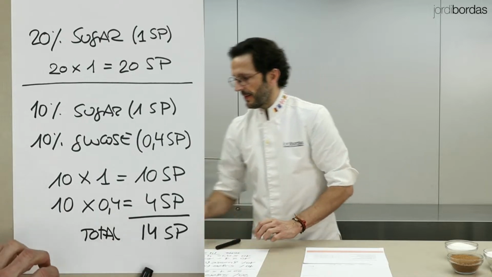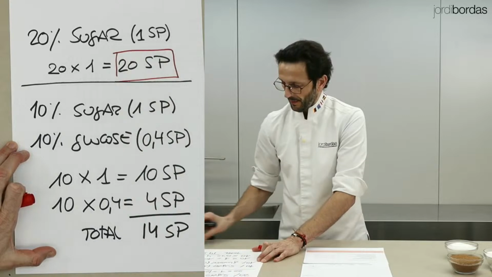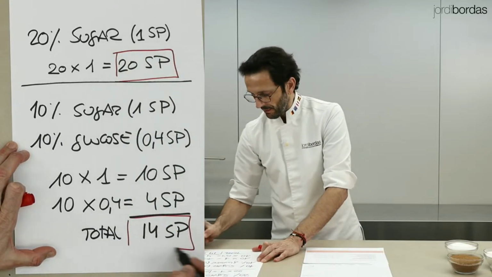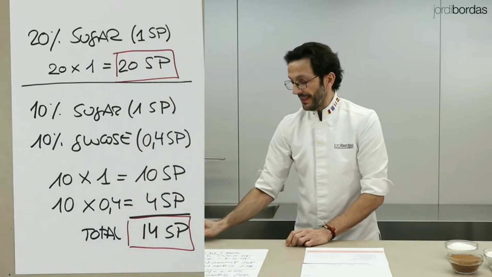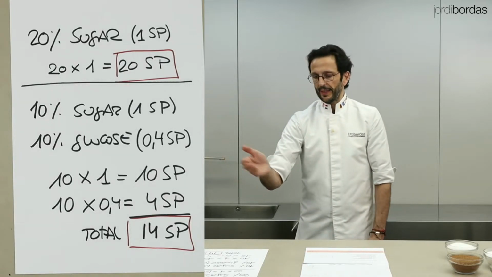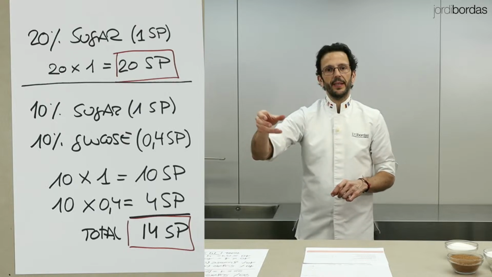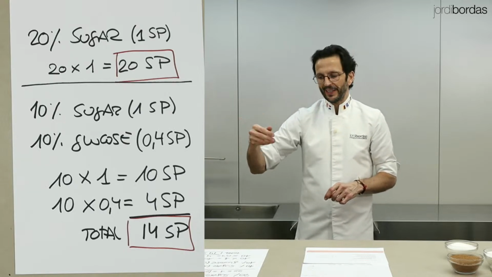Look at the difference. Here we have 20, here we have 14. That means that playing with different sugars, I did just the example of glucose because all of us have glucose. Playing with different sugars in one recipe, we can adjust the sweetness.